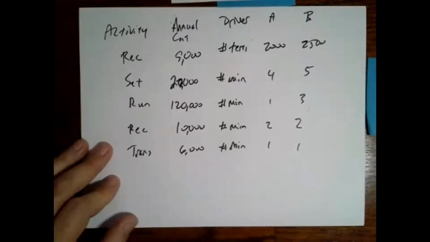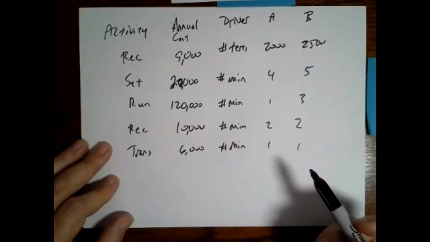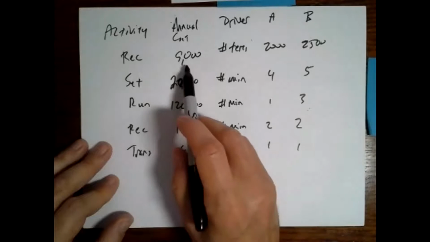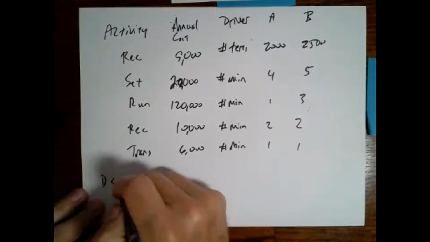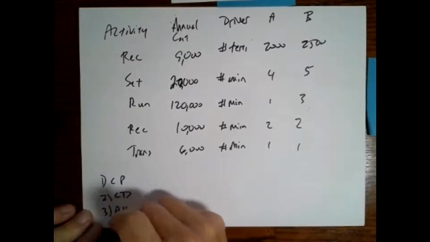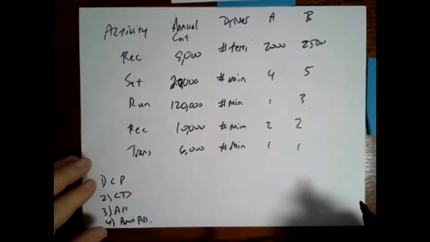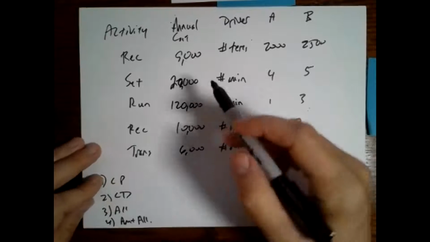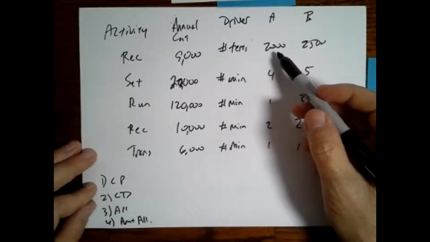Okay, I've copied out the information, and we need to start. We're going to use that same 4-step process: cost pool, cost driver, allocation rate, amount allocated. We know the cost pools, and we need to calculate the appropriate drivers.